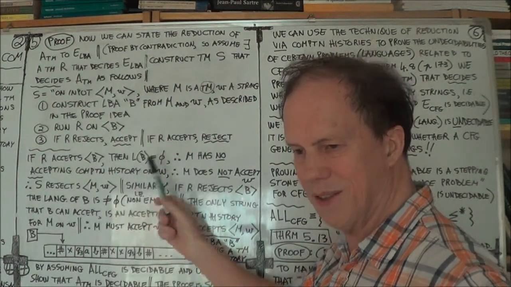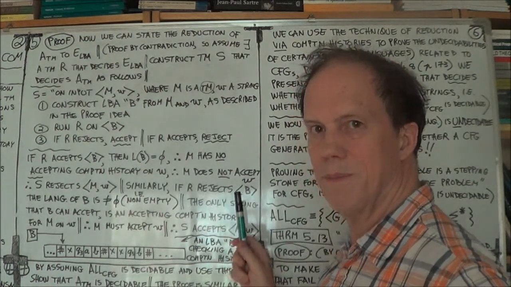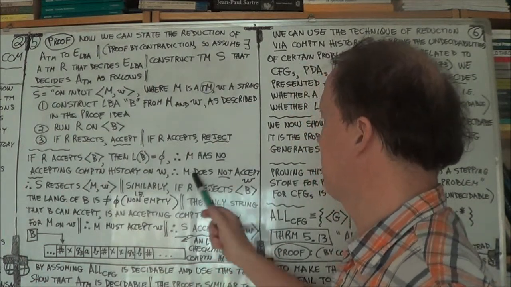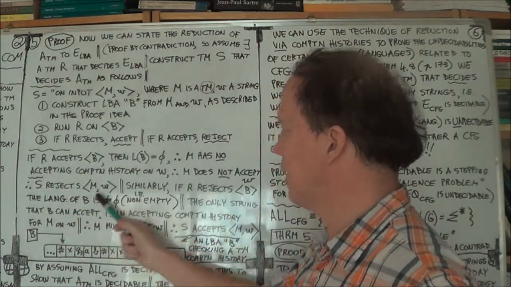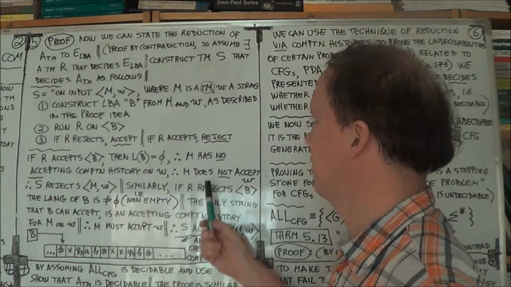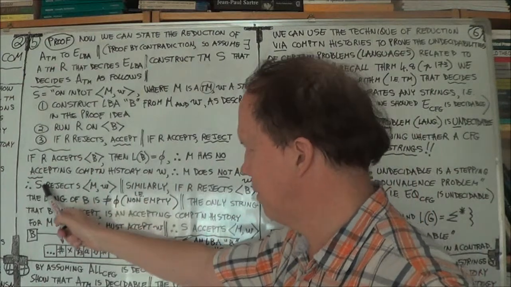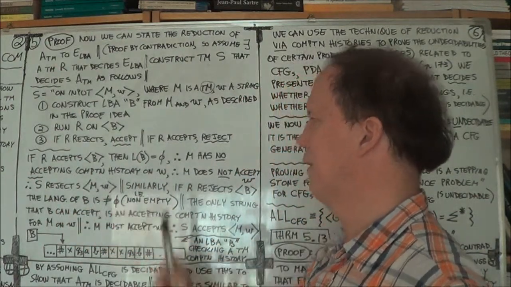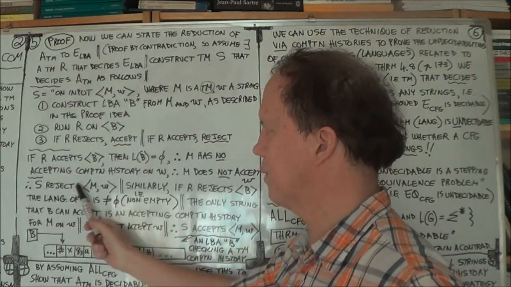Well, it means that M did not accept W. So we can conclude that. Therefore S rejects this. So when R accepts that, we conclude that S rejects this. So whatever R's doing, if it's accepting, S will do the opposite.